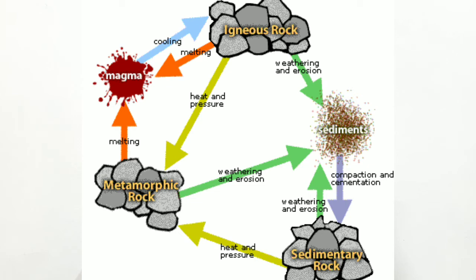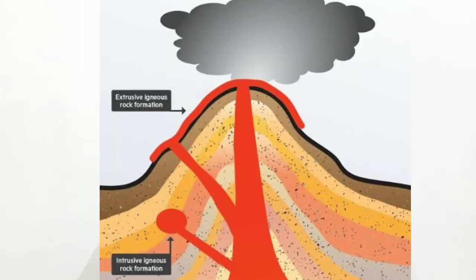And gradually, when these metamorphic rocks under excess heat and pressure melt down and convert into magma, the process starts again, and magma due to internal pressure comes out in the form of lava, and again it solidifies on the surface of the earth, resulting in the formation of igneous rocks.